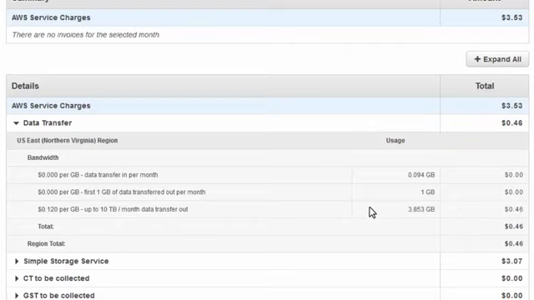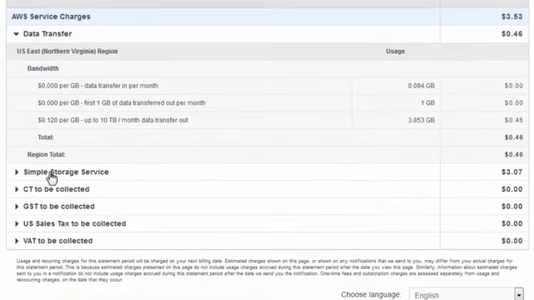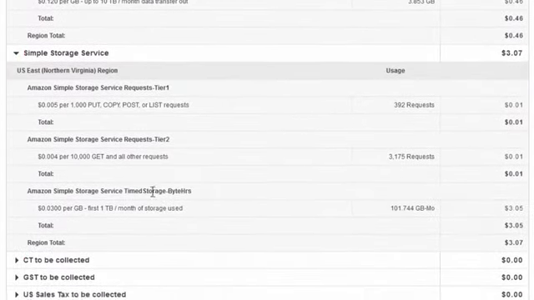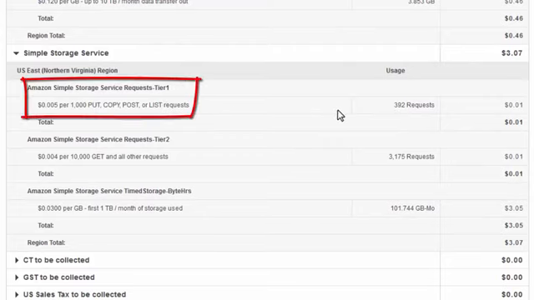On this account, the major expense came from the storage. Let's go ahead and check that out. This is where you're going to find the requests and the actual storage. The requests for Tier 1 and Tier 2, not very much at all. Now, if you recall in the pricing table, for the put, copy, post, and list, it was half a penny per 1,000. This is way under 1,000, but they're charging me a full penny. What's up with this?